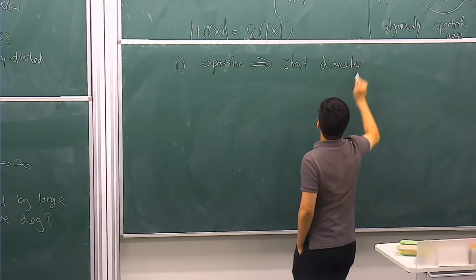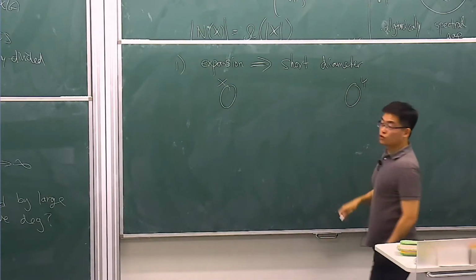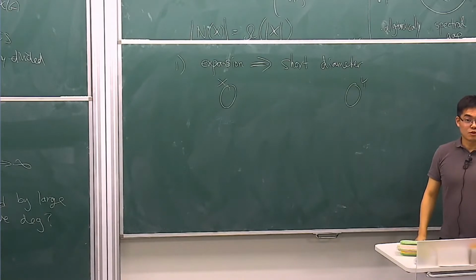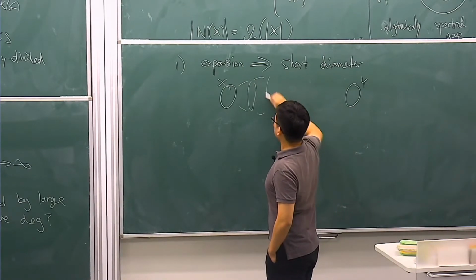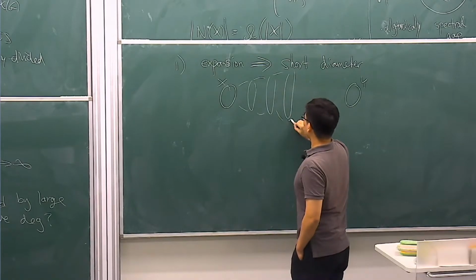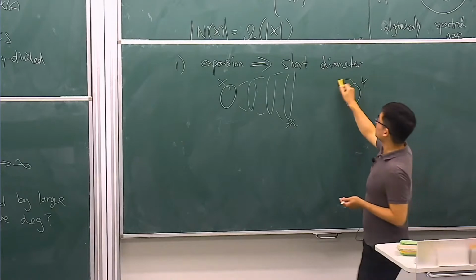What do I mean by that? That means if I have two sets X and Y you want to connect, we can do that using only a polylogarithmic length path. The proof is very simple. You expand until it reaches more than half. You do the same from the other side until it's more than half.